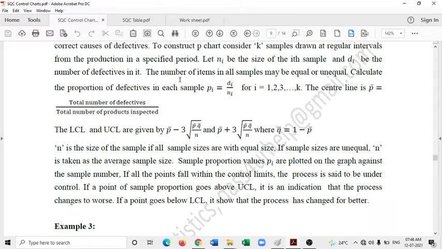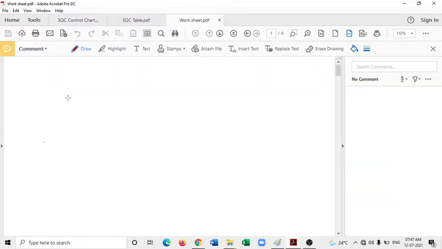The principle of this control chart, that is the P chart, is actually based upon a relation connecting the binomial distribution and the normal distribution. If X represents the number of defectives or number of successes, then X follows B(n, p), the binomial distribution.